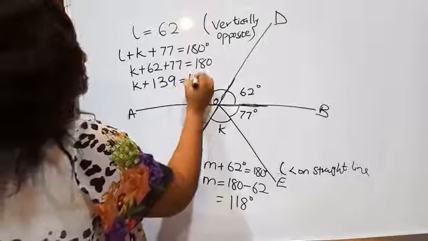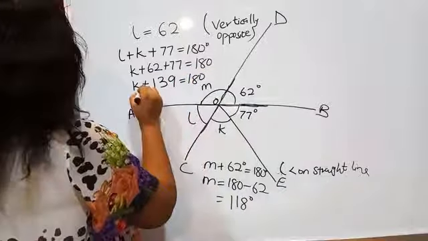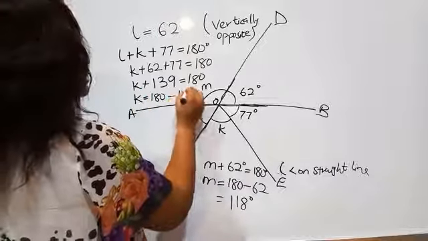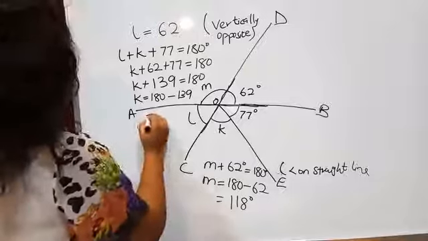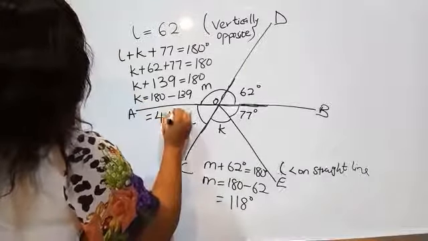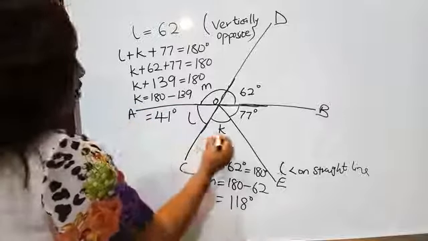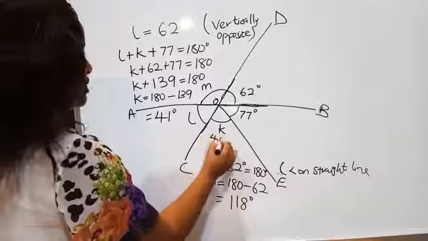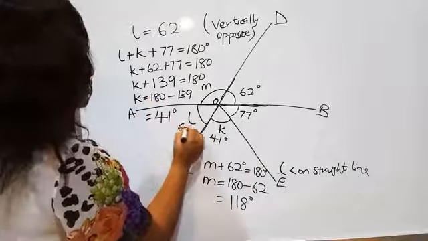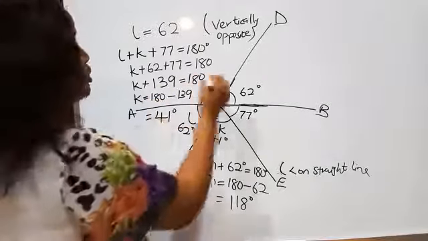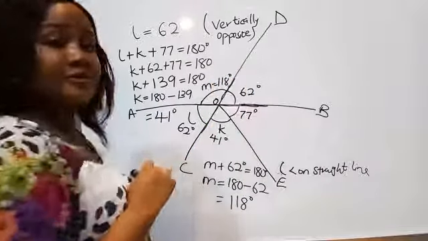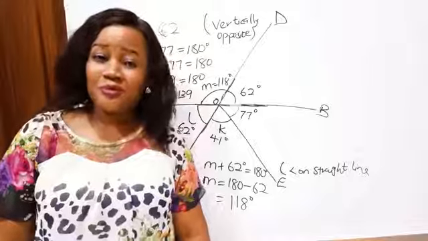So K equals 180 minus 139, and that gives us 41 degrees. So we have our K to be 41 degrees, and we have our L to be 62 degrees, and we have our M to be 118 degrees.